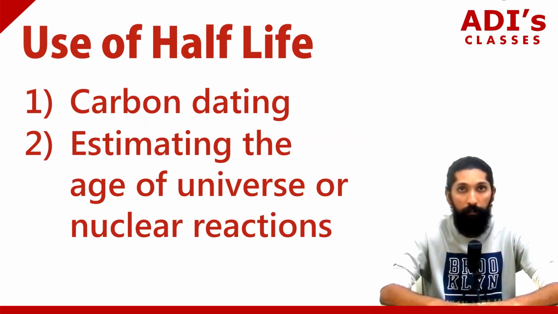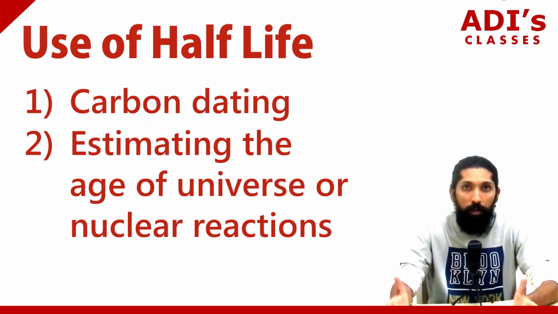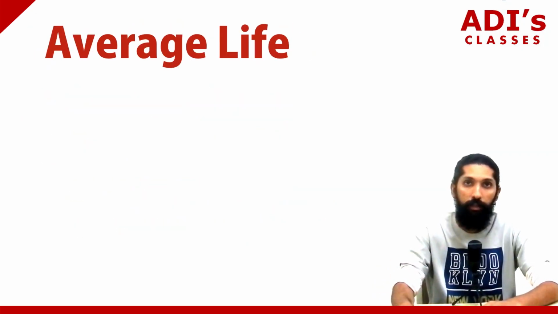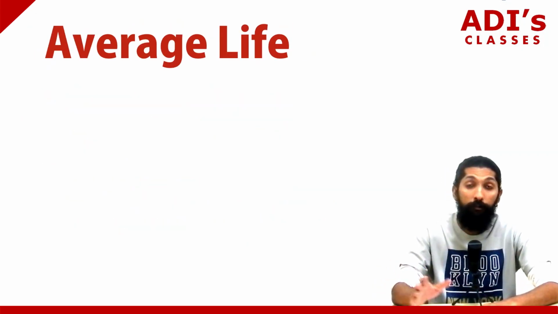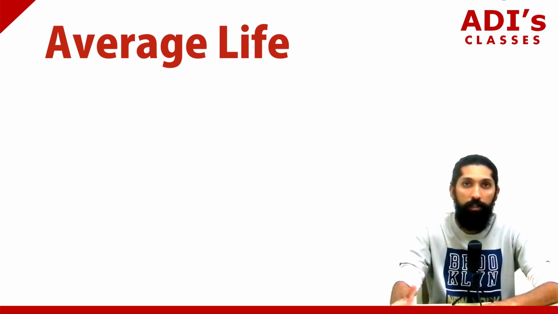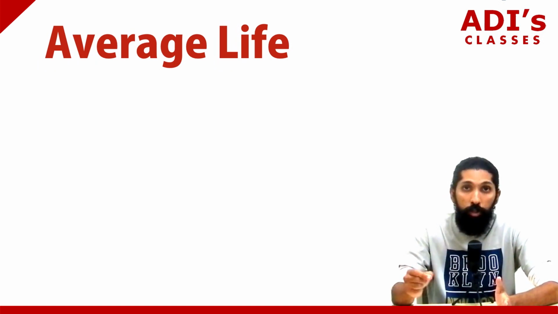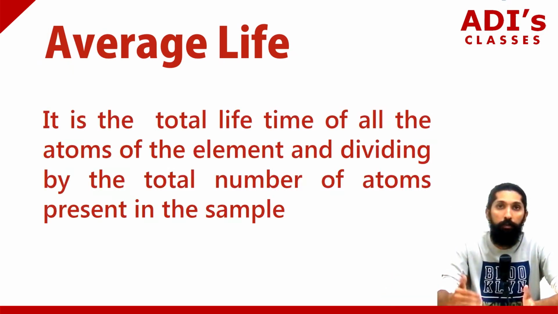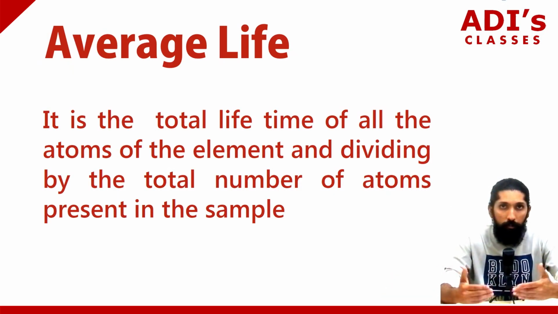We have another parameter called average life. Average is what? Sum divided by number of terms, correct? The same thing we apply here also. Average life is the sum of the lives of each individual atom divided by the total number of atoms. Let's be more precise.